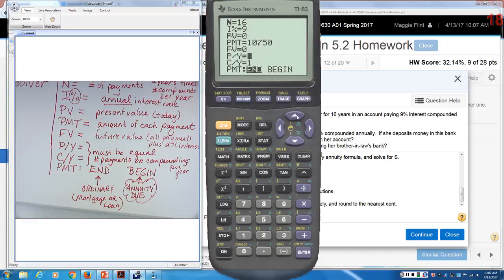So once you've set your screen up, what we want to know is what was her future value? What is the sum of all of her payments plus all of her interest? So we put the cursor at future value, and because down here above the enter key it says solve, and solve is in green, then I need to press the green button. If it's on your calculator and solve is in blue, then you press the blue button.